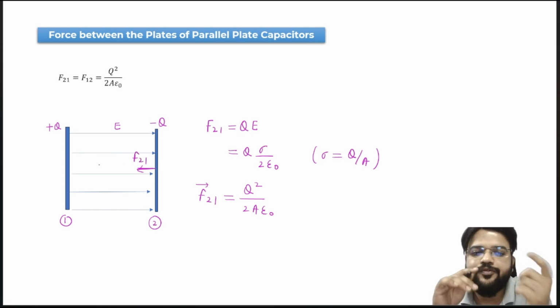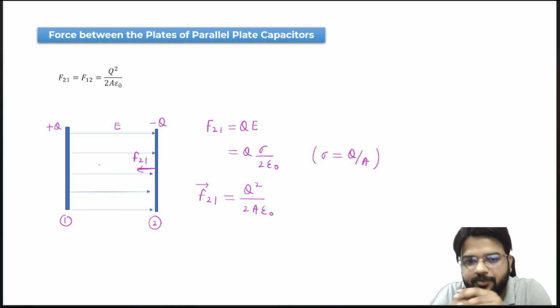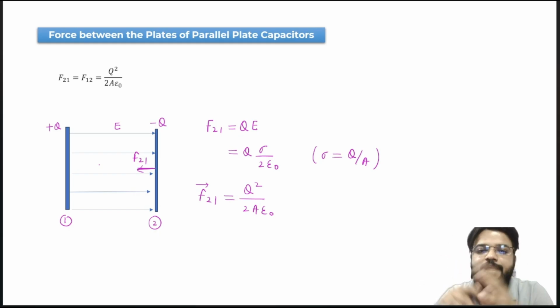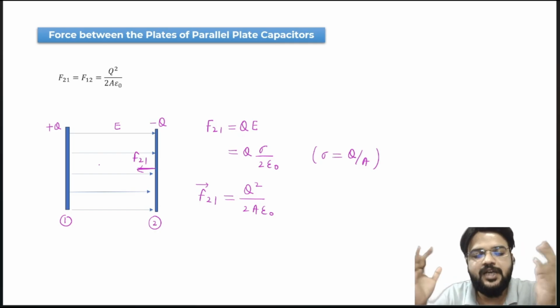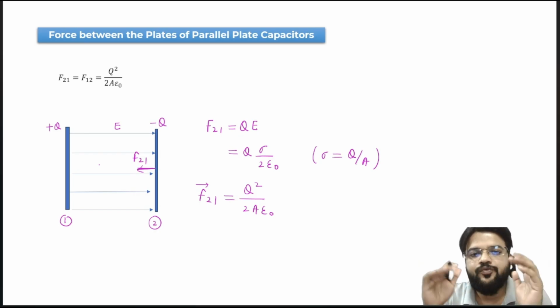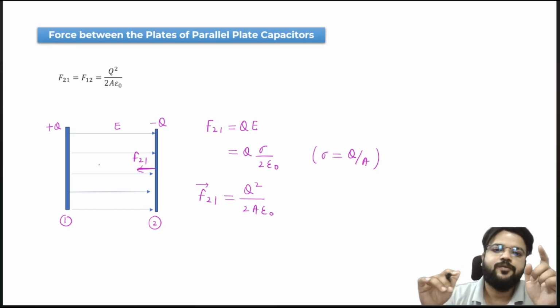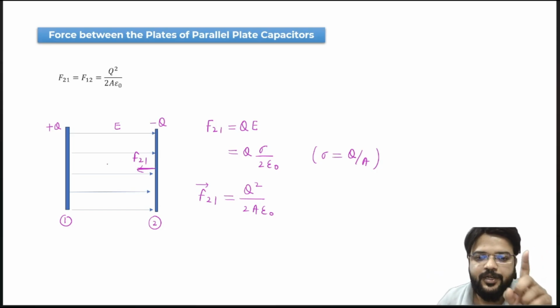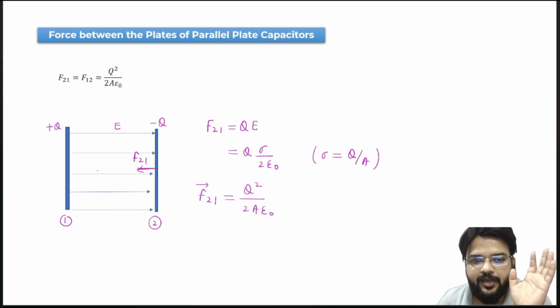Now we want the force on the first plate due to the second. How much is this, everyone? According to Newton's third law, we know that forces always act in pairs, correct? So the force acting on the second plate by the first and the force acting on the first plate by the second are the same, everyone. The magnitude should be the same according to Newton's third law, because both are an action-reaction pair.